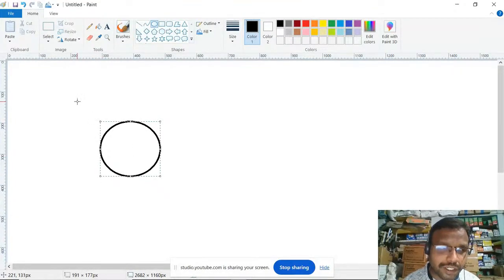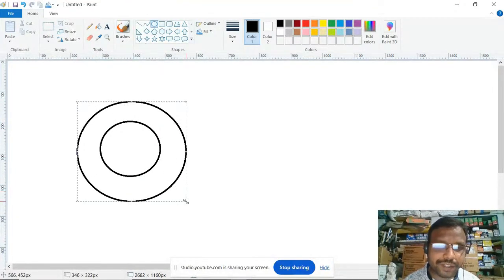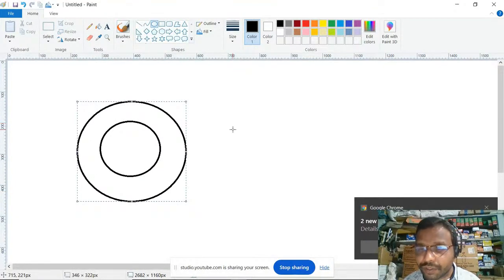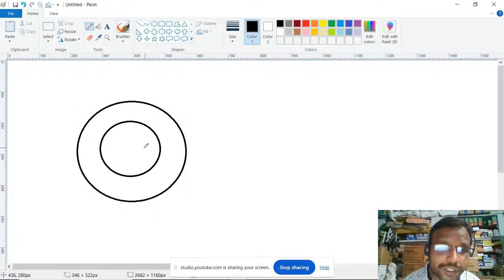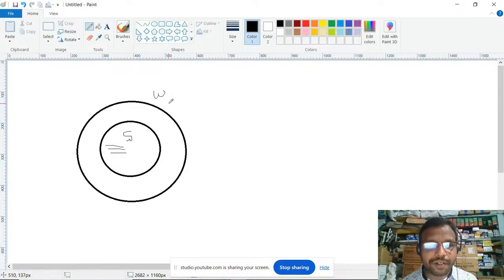So all strong are weak. If you have to solve these problems by using Venn diagrams, these are the strong and this is the weak. Strong is a smaller set compared to the weak. So whenever all strong are weak, some weak are strong.